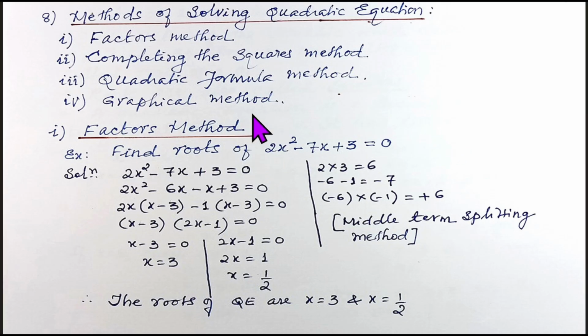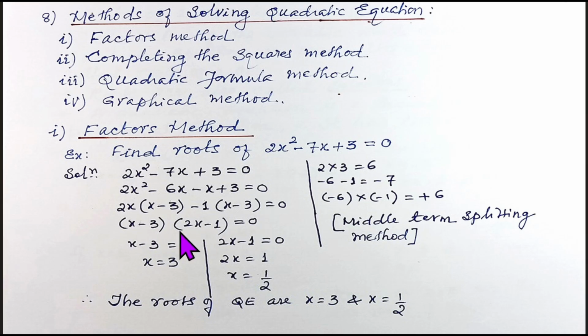Now for example, we are given a quadratic equation here, 2x square minus 7x plus 3 equal to 0, and by factors method, since it's a trinomial, I can go for the middle term splitting method. By splitting it and converting it into a tetranomial, and again pairing and grouping them and taking the HCF common, I get two factors, x minus 3 and 2x minus 1, and I can equate it to 0.